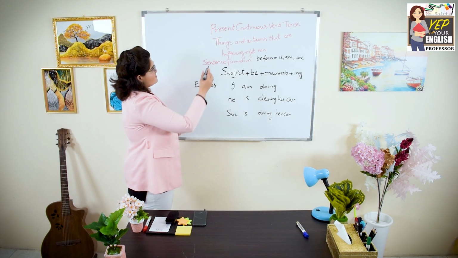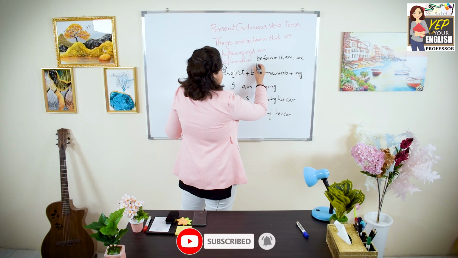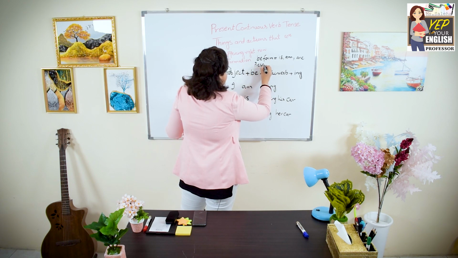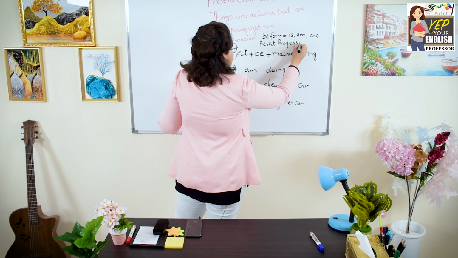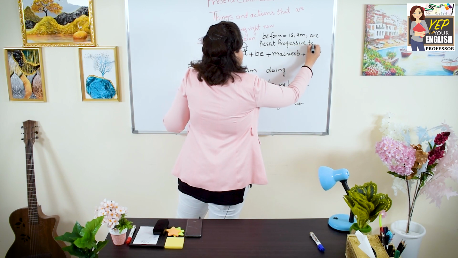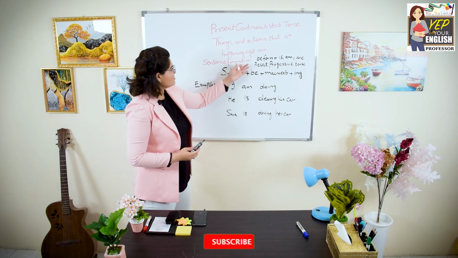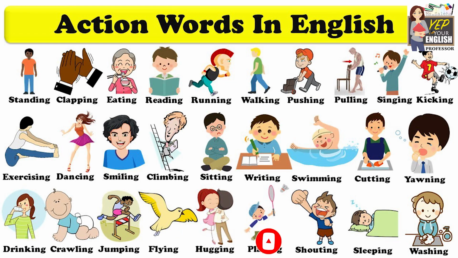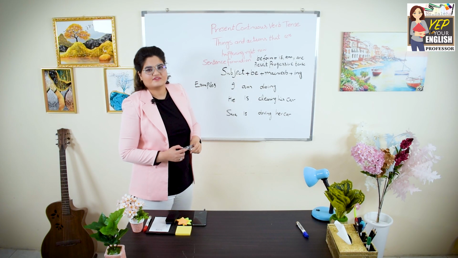The present continuous tense is also called present progressive tense, because we always talk about the things and actions that are progressing in the current time period.